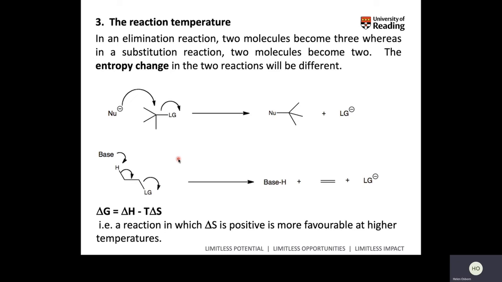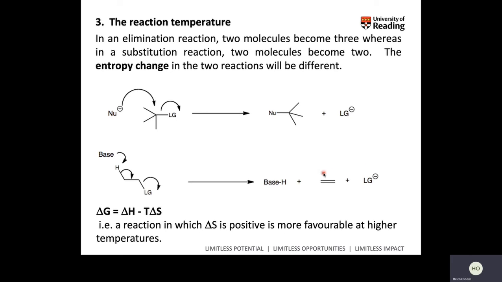In contrast, if we look at our elimination reactions, and again I've drawn it here for E2, but the same would be said for E1, on the left hand side we've got our base and our starter material, so we've got two molecules. But when we've done our elimination reaction, our base has pulled off the hydrogen to give us one molecule.